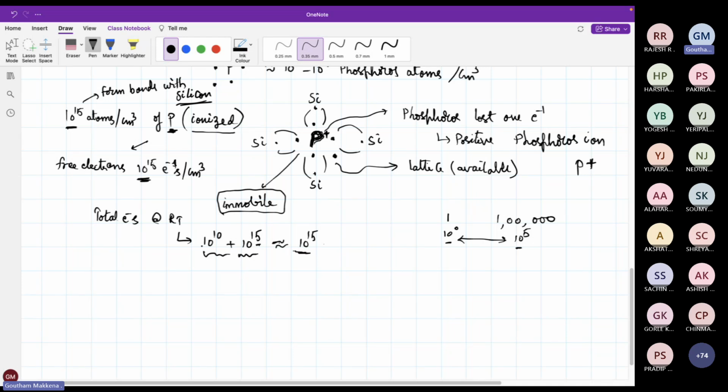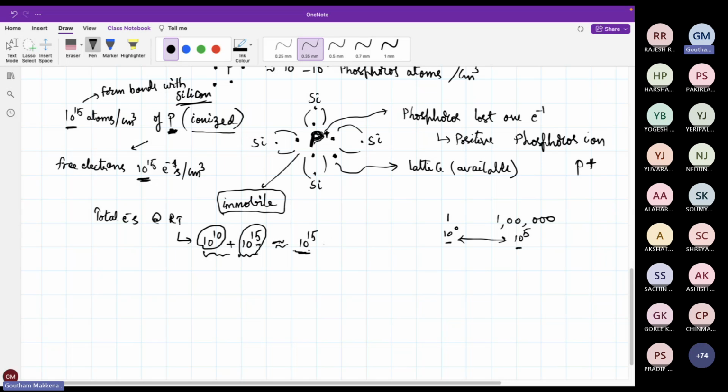Of course, there are electrons that are released due to temperature disturbances in the crystal, but the number of free electrons in the crystal due to ionization of the pentavalent impurity given into the silicon is 5 orders of magnitude more.